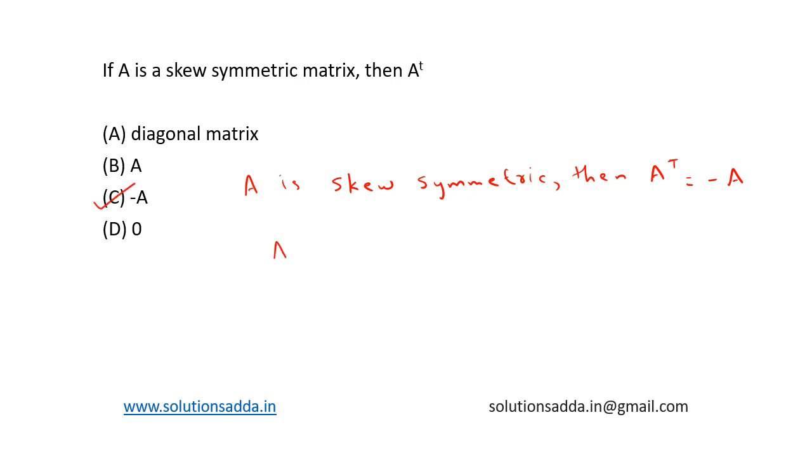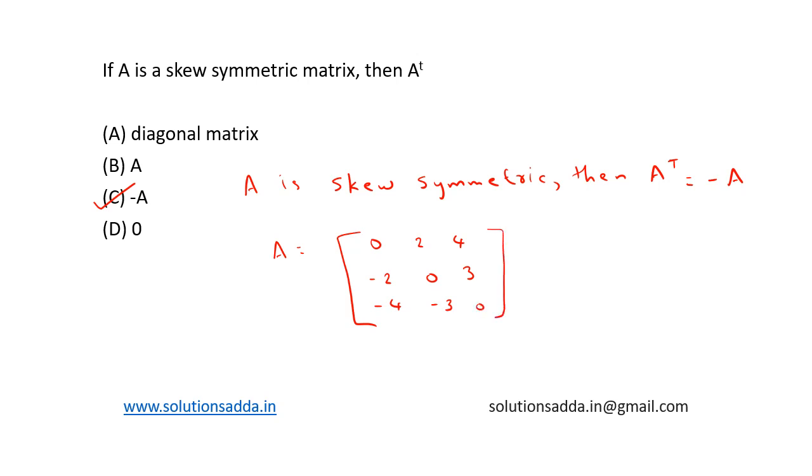A sample example would be, suppose A is equal to 0, 2, 4, minus 2, 0, 3, minus 4, minus 3, 0.